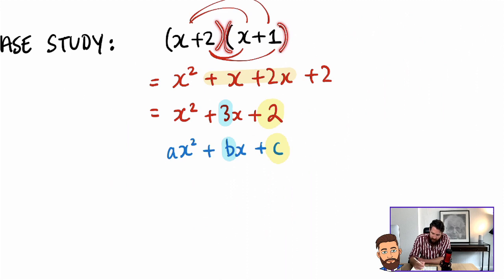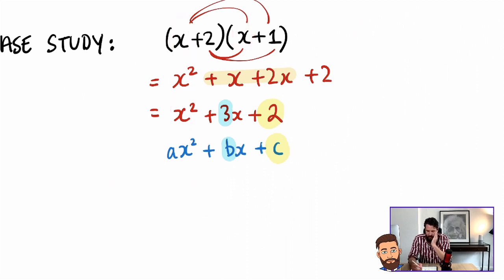And remember, we're multiplying each term by one another. So what is the only way I can get x squared? By timesing two x's together. It's going to need two x's because x times x is x squared.